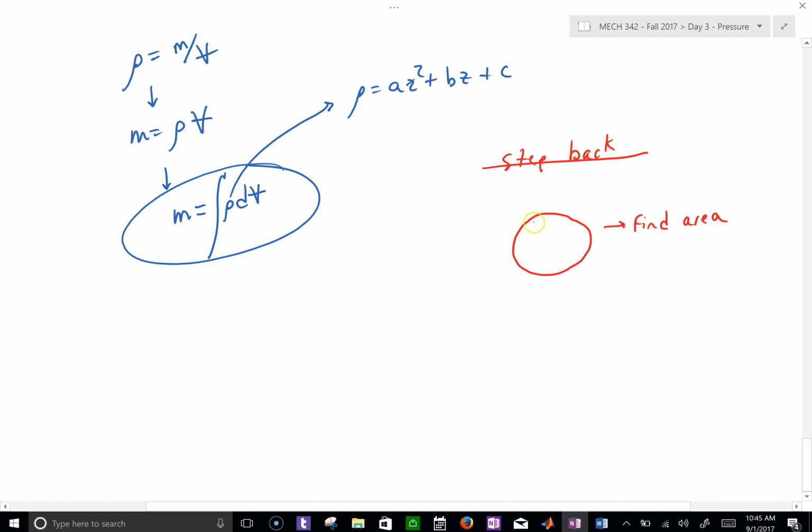The way we can do this in calculus is we take a really small strip around it, and we'll call it a change in r. It's really, really tiny. We can call it a really small change in area. We could do that a whole bunch of times and add them up. When we add them all up, that's like the integral.